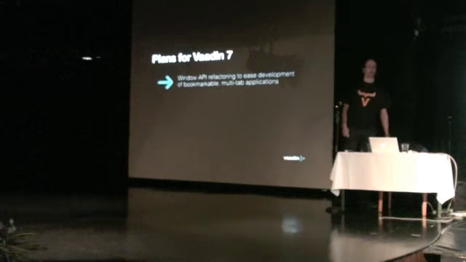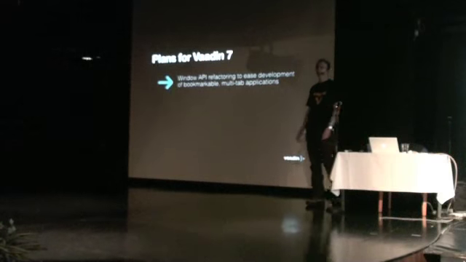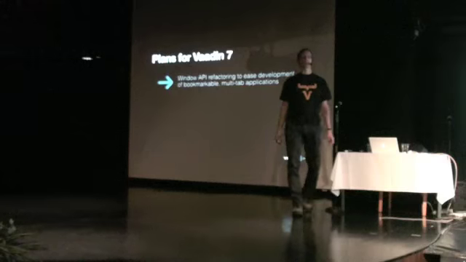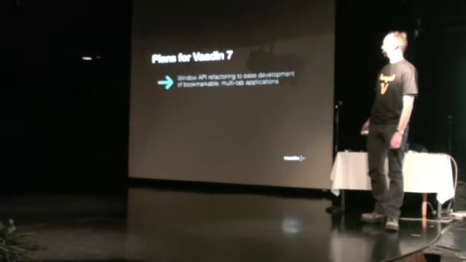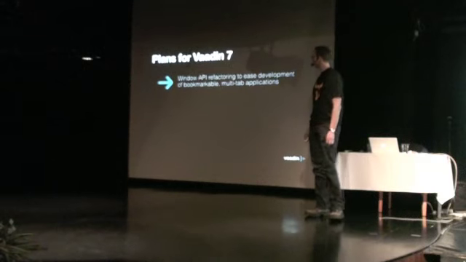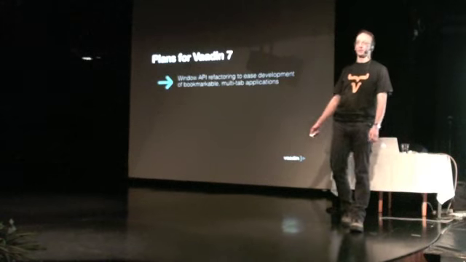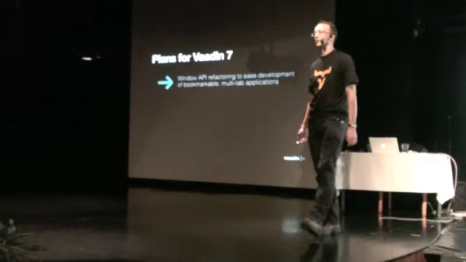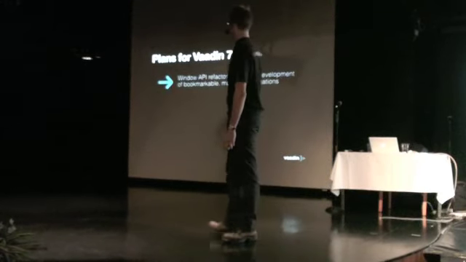So what we're planning for Vaadin 7, first of all, is a refactoring of the window interface, and basically the relation between the application and the window in Vaadin. So the goal is to make it really easy or automatic that all the Vaadin applications that you develop have multi-tab support.